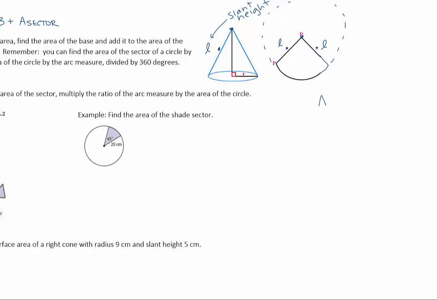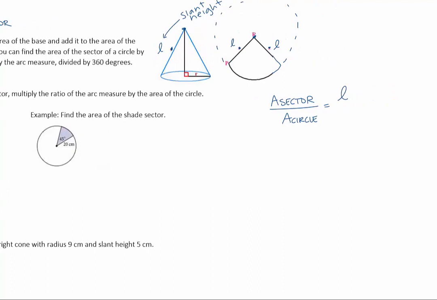So I have the area of a sector is to the area of the whole circle as S is to C, and I'll explain what S is in a second. So this is arc length right here. S is for arc length. That's why we weren't using S earlier.